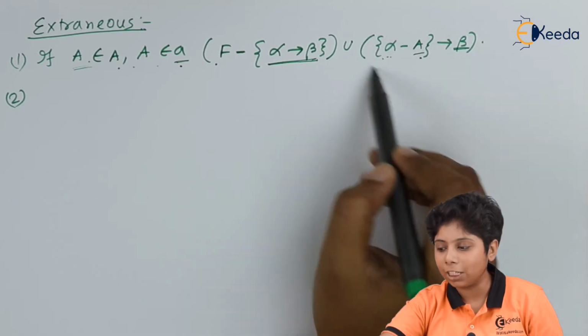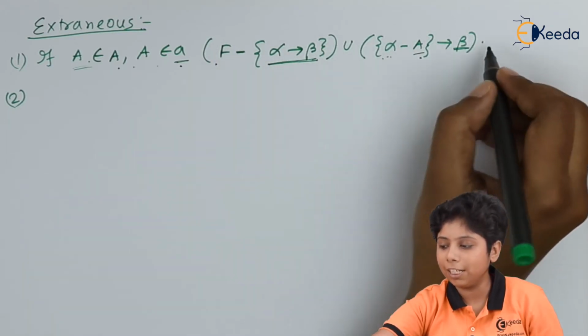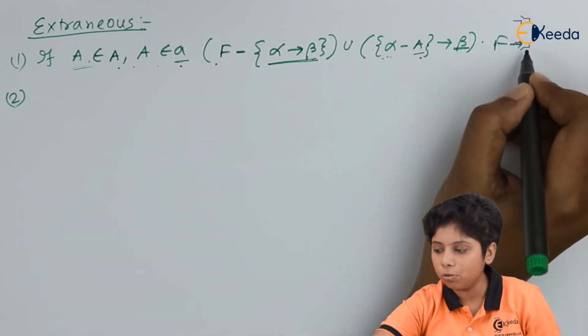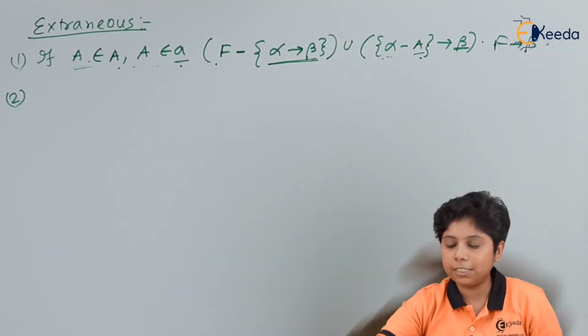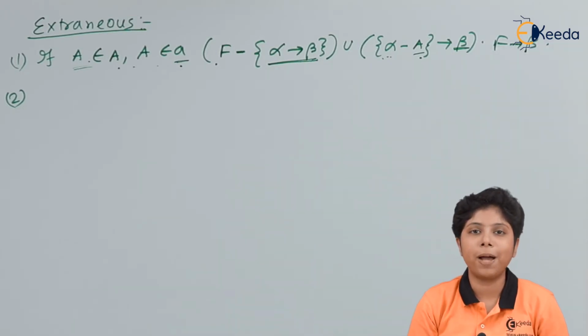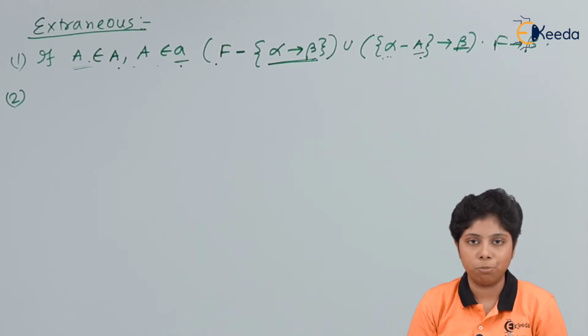That means F logically implies the dependency when defined by alpha minus A. So A becomes an extraneous attribute.